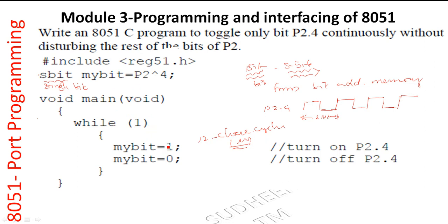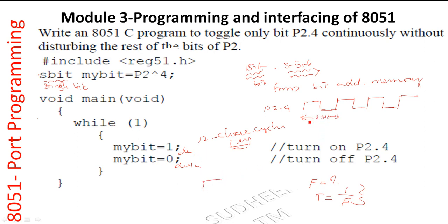Then after mybit equal to 1, you need to provide a proper delay according to the frequency asked. The frequency will be mentioned in the question. From that, the time period is given by 1 by f. Then you split 1 by f into 2, one here, one here. So introduce a delay for half of this time period here, and another delay of the other half here.